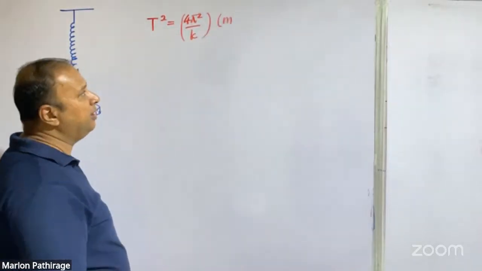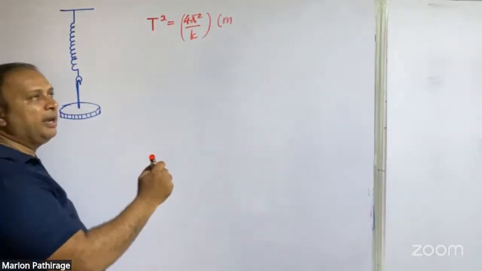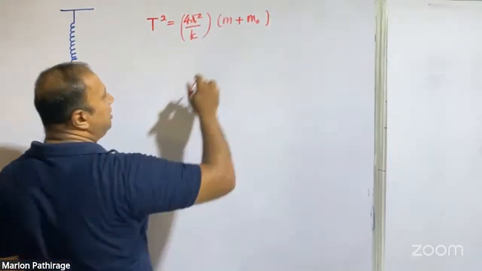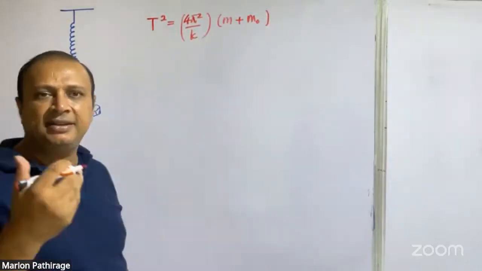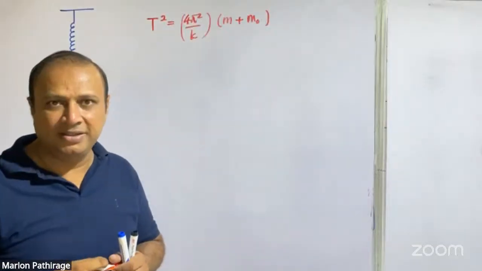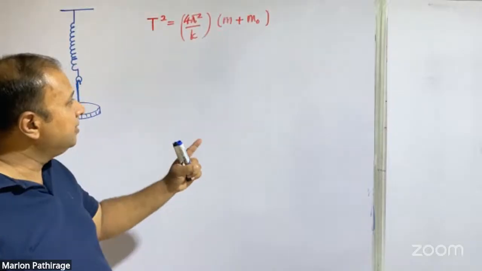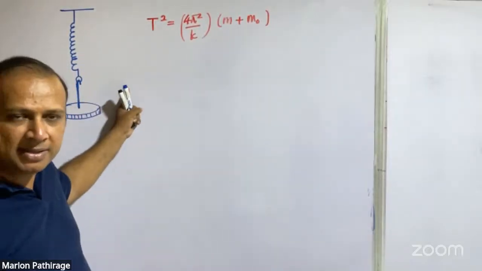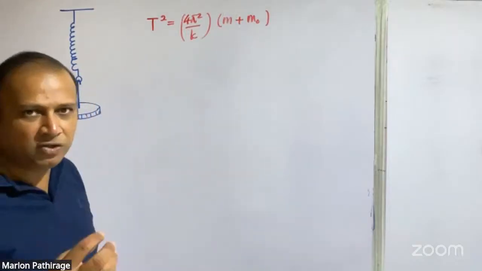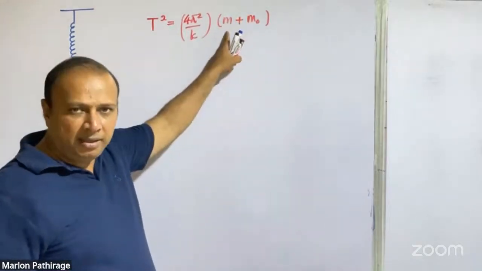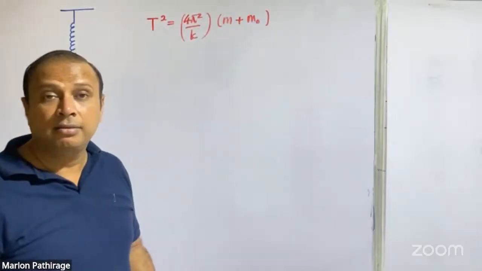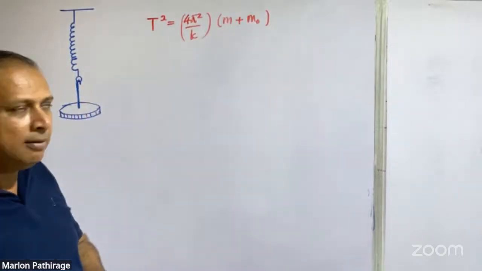Instead of m, I can put m plus m naught, where m naught is the initial weight, the mass of the mass holder. So every time we have to add the mass of the mass holder plus the added mass. Therefore, the total mass is the added mass plus the mass of the mass holder.